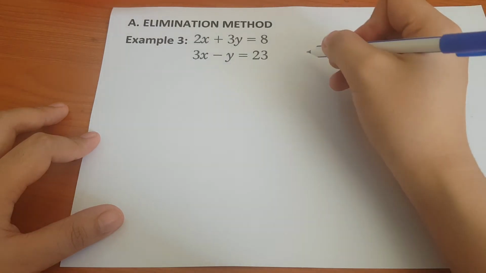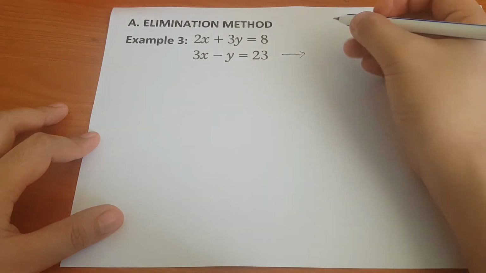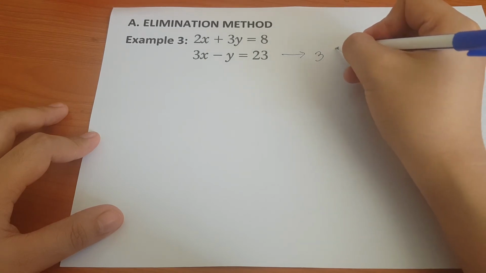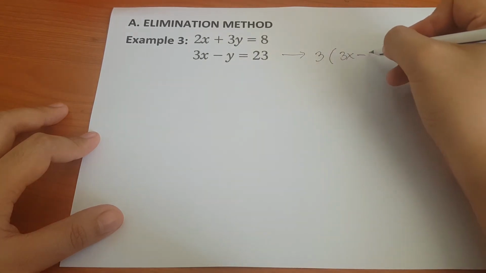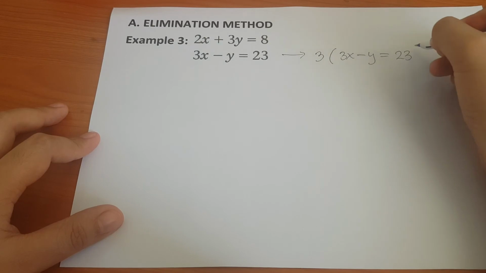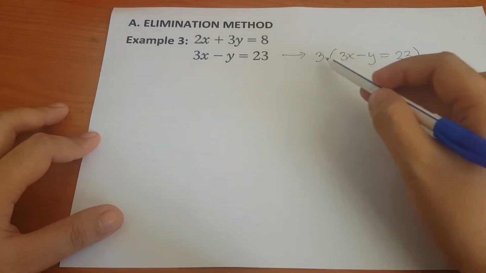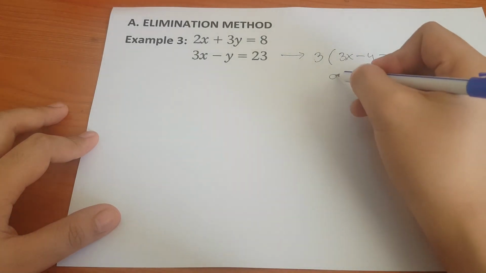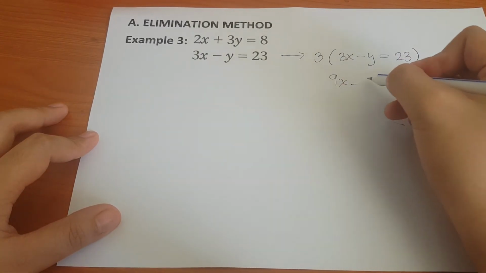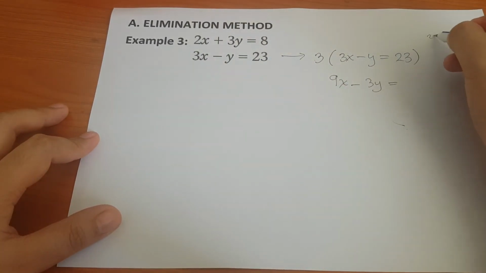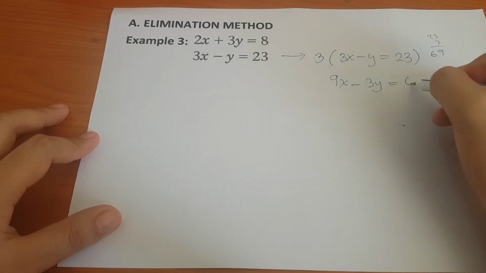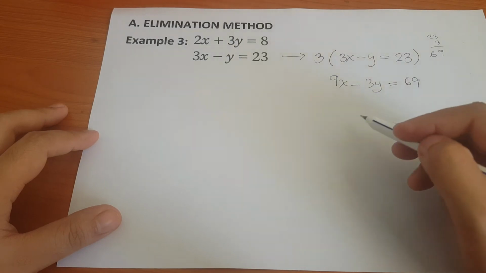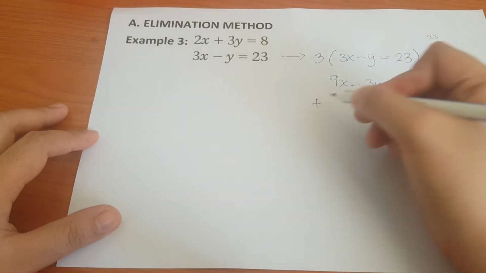So in this second equation, I will multiply by 3. So this will be 3 times 3x, 3 times minus y equals 23 times 3, 69. I'm going to add it with my first equation.